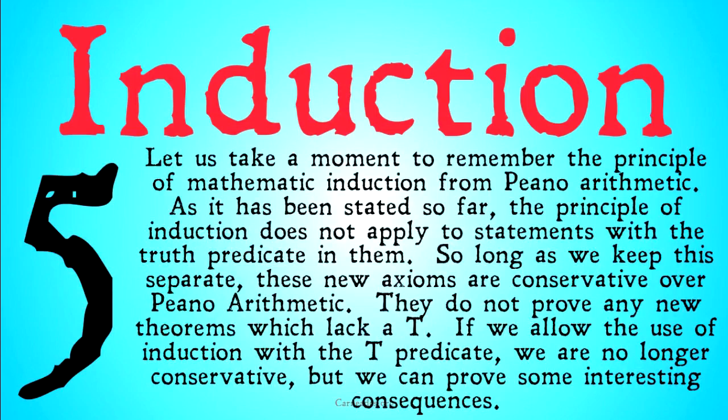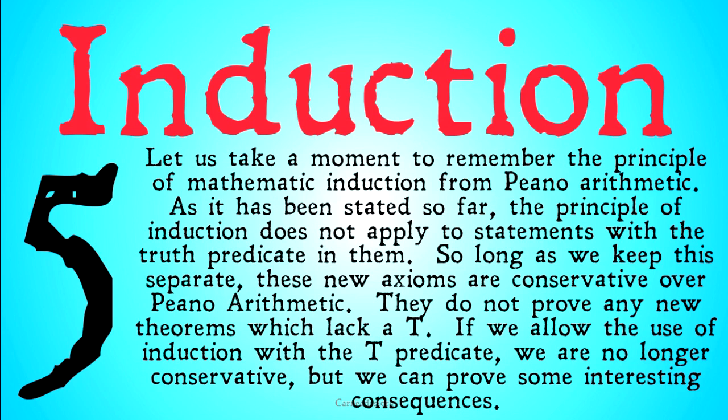So, those were our 6 axioms. Now, we're going to take a moment to step back and remember our Peano arithmetic. If you remember, the fifth kind of Peano postulate was the principle of mathematical induction. As it has been stated so far, the principle of mathematical induction does not apply to statements with the truth predicate in them.